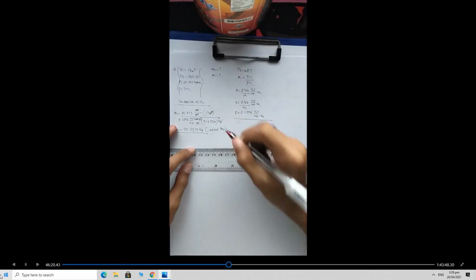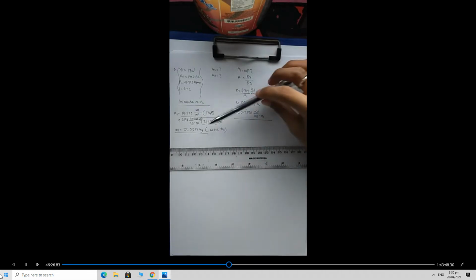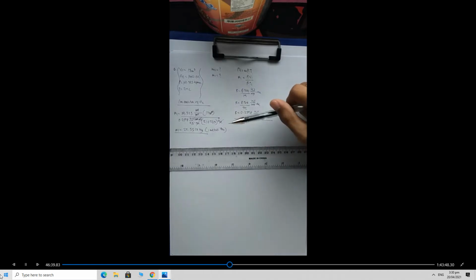That means for 1 metric ton, the mass of oxygen that we are going to consume in processing steel is 22.5517 kilograms.